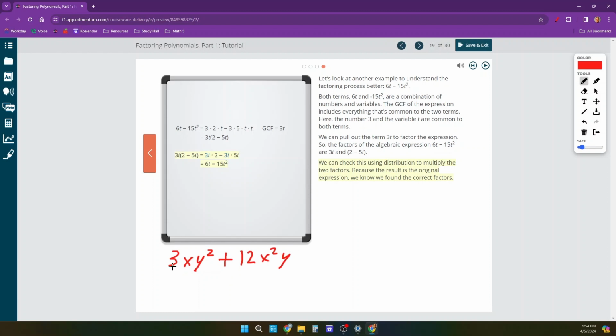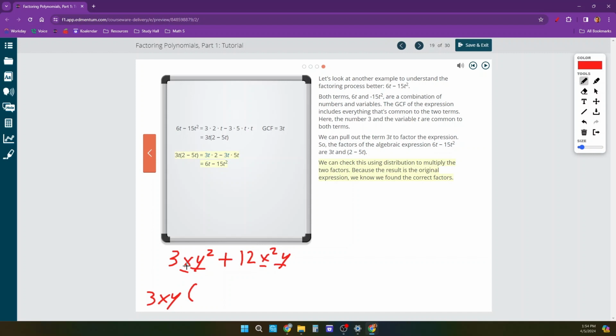Okay, so 3 and 12 are both multiples of 3, so I could factor out a 3. Both of them share an x, so I could take out an x, and both of them share a y, so I could take out a y here.